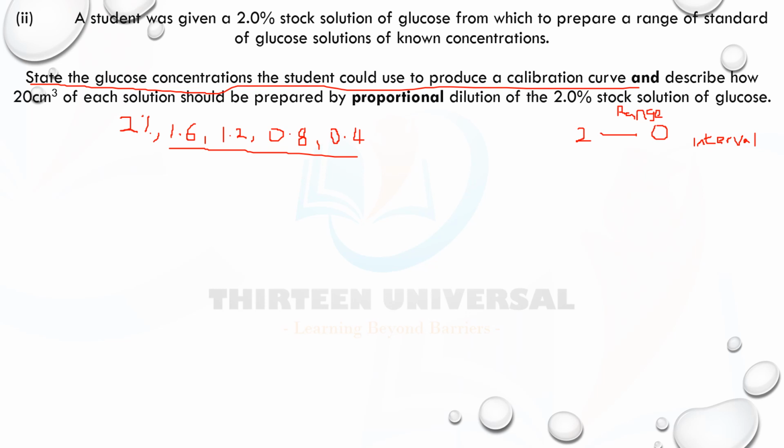Then the second part says describe how 20 cm cube of each solution should be prepared by proportional dilution. Now, of the 2.0% stock solution, if you want to do this, guys, use a table. Table is very important.